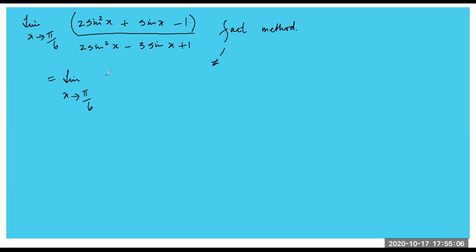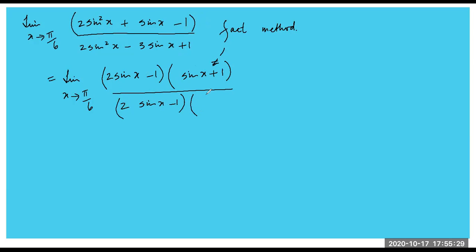So you apply little brain. You see that 2 sine x minus 1 into sine x plus 1. And here also in the bottom you're getting 2 sine x minus 1.